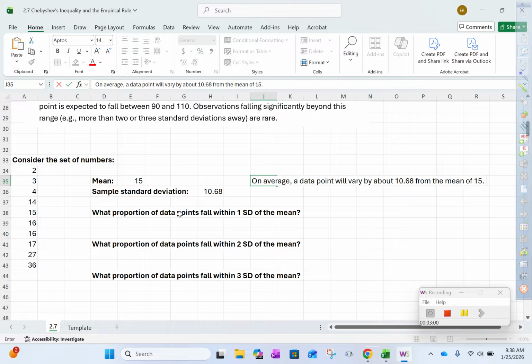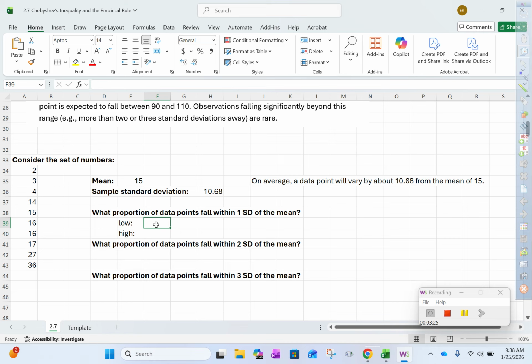We're going to find what proportion of these data points fall within one standard deviation. So what we're going to do is find our interval by giving us a low and a high. On the low end, we're going to take our mean and subtract the standard deviation, just using cell select there.